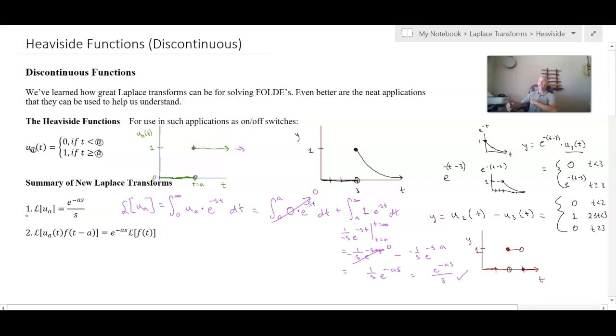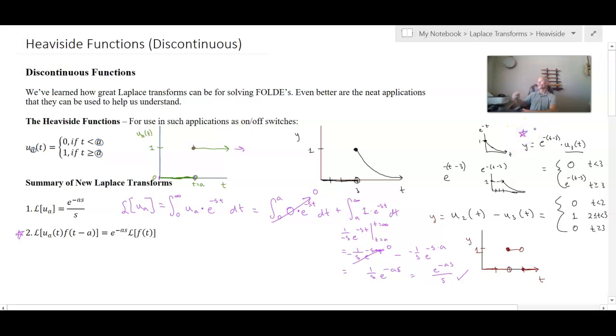All right, what do we have going on here? We have the Heaviside multiplied by f of t minus a. Well, what does that mean? It turns out we already demonstrated this with our exponential function right over here.